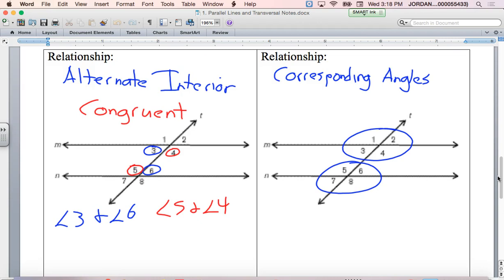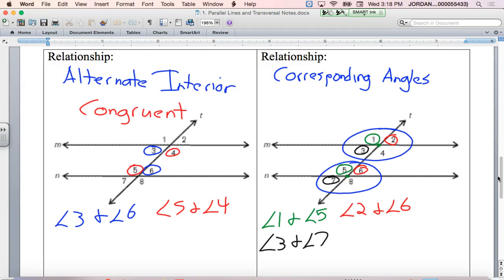So, for example, angle 1 is in the top left, right? If you look at the intersection, angle 1 is in the upper left of that intersection. Well, what's the upper left of the other intersection? Angle 5. So angle 1 and angle 5 are corresponding angles. All right, then we can say angle 2 is in the upper right, angle 6 is in the upper right. So those are corresponding. Angle 3 and angle 7 are corresponding.